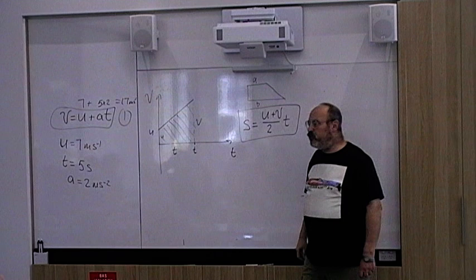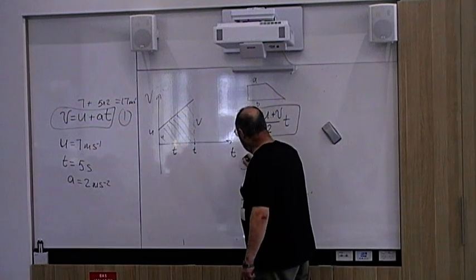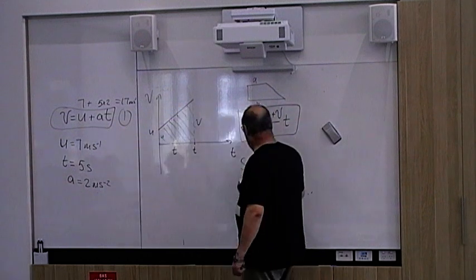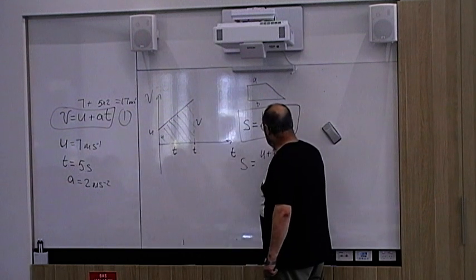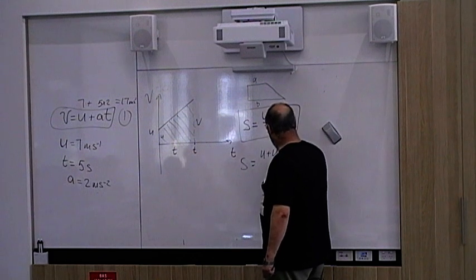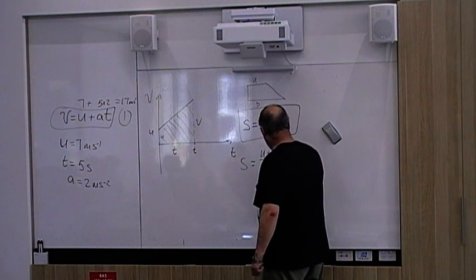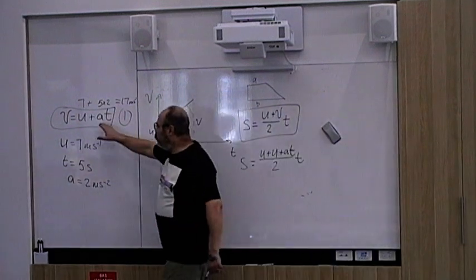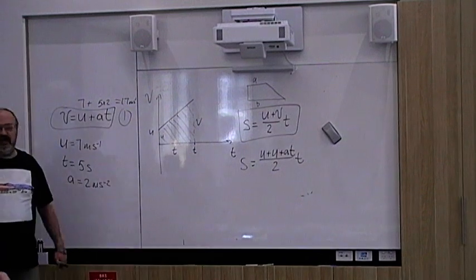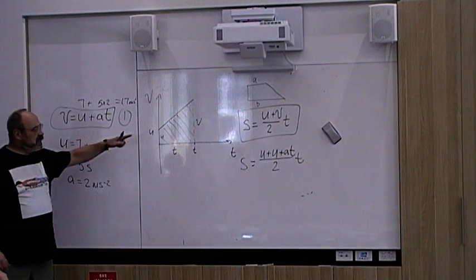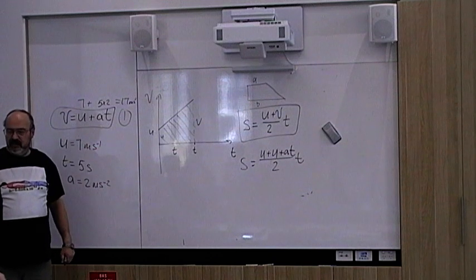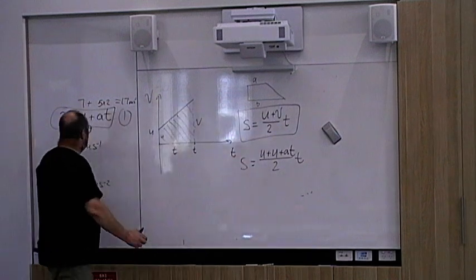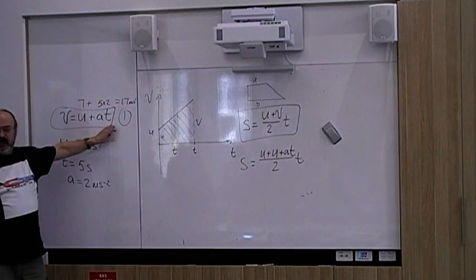We will have S equals U plus AT over 2, times T. Instead of V, we substitute the expression U plus AT.